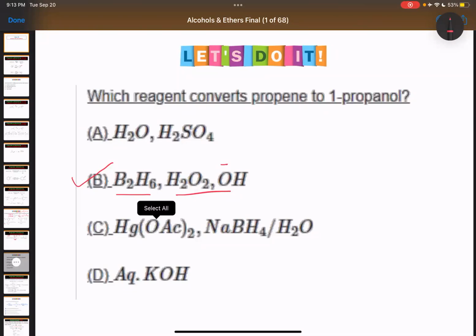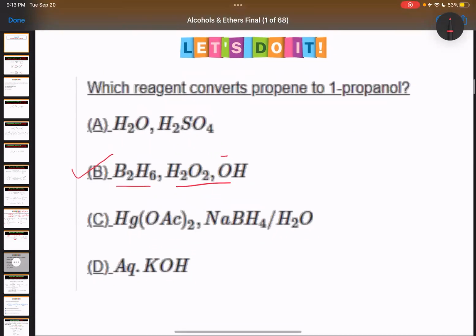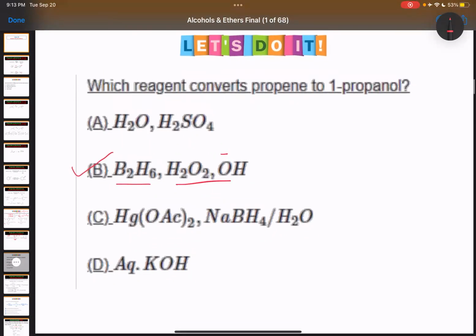If you want to add it on the inner carbon, you will use acid-catalyzed hydration, but that may move further internally if rearrangements are possible. Is it clear?